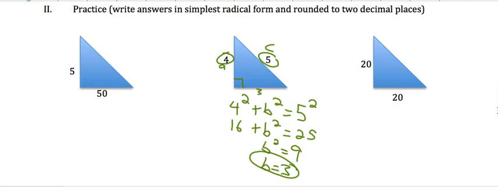Did you notice how all 3 of those sides were whole numbers? There are a bunch of different right triangles that have whole numbers on all 3 sides. Those are called Pythagorean triples. There's a bunch of sets of numbers that always work out to be whole numbers. So 3, 4, and 5 always work.